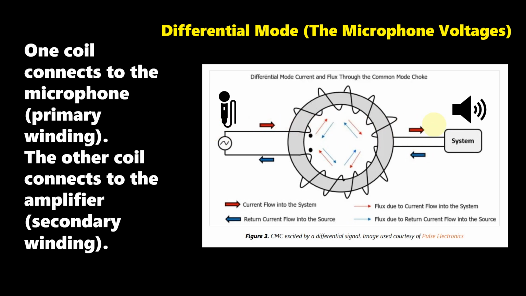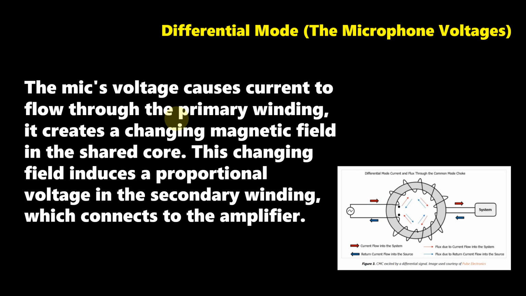So you basically have a loop of the differential mode, well, the microphone signal, essentially. But okay, let me just explain more. The mic's voltage causes current to flow through the primary winding. It creates a changing magnetic field in the shared core. This changing field induces a proportional voltage in the secondary winding, which comes to the amplifier. So I wrote out what I just said.